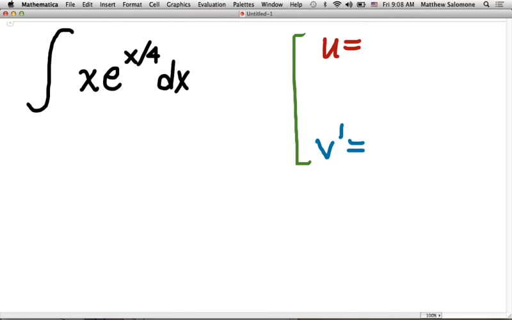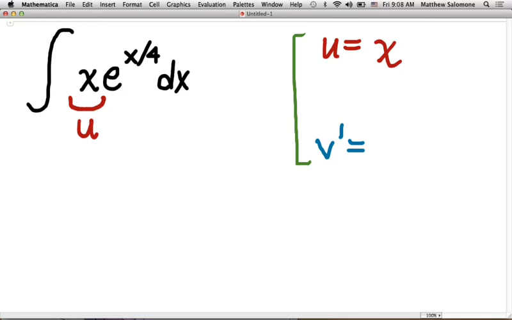So in this example, what would you like to choose for u? And why is x a good choice? Well, I've written this one to be kind of suggestive. Just because it's the first factor in a product doesn't always mean that it's the one we want to choose for u, because multiplication is commutative and works both ways.